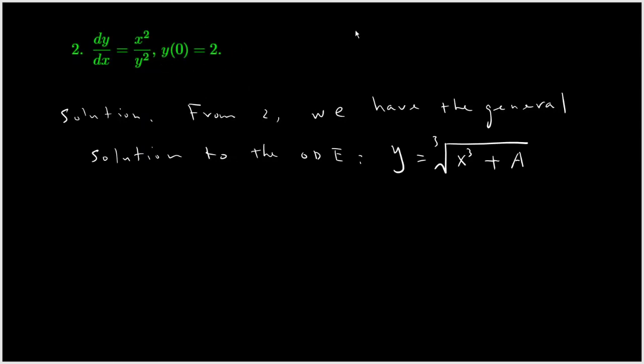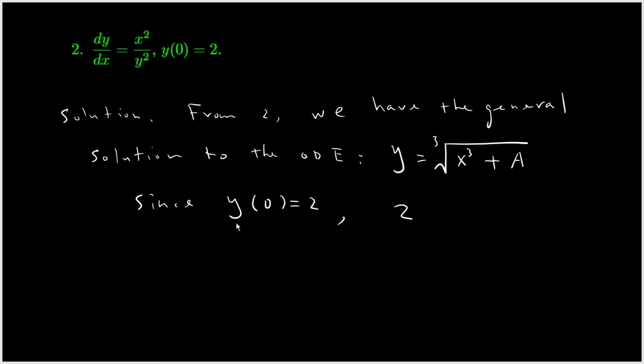Now because the value of the function y when x is 0 is equal to 2, you plug this into the general solution. In most cases, you can determine the constant there. Again, do not be confused about the meaning of this notation.